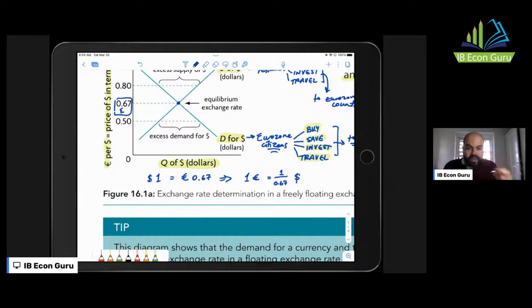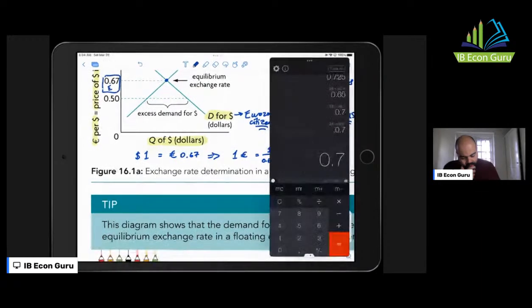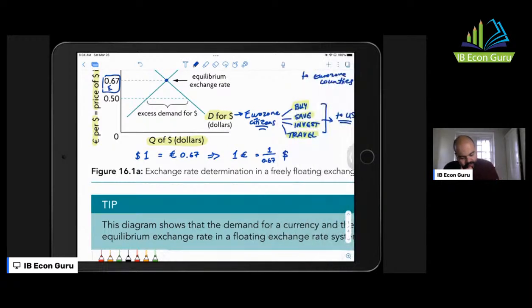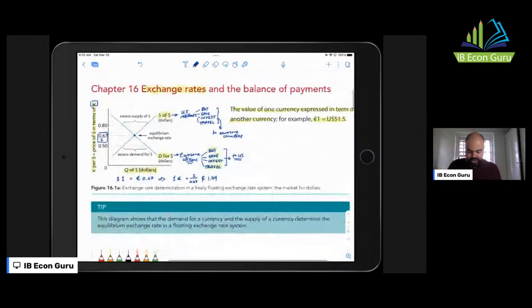You can flip it, right? So 1 divided by 0.67 is equal to 1.49, so $1.49. Okay, so I talked about the demand and the supply, and I defined exchange rates.